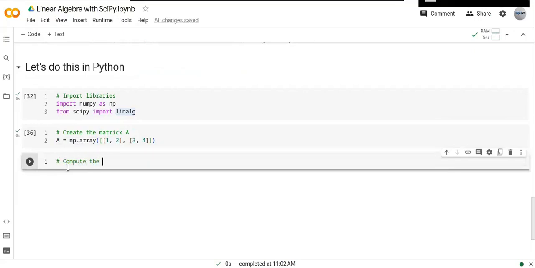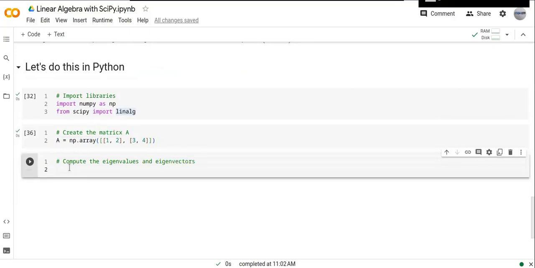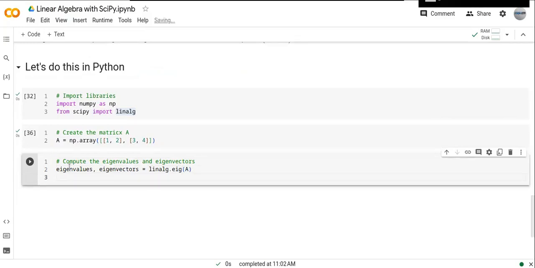Compute the eigenvalues and eigenvectors. We can use linalg.eig, and we pass the matrix A into this function.